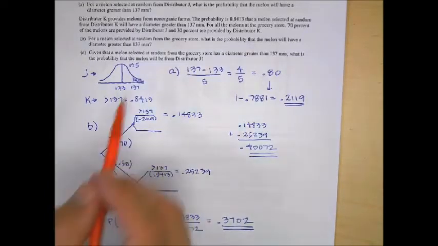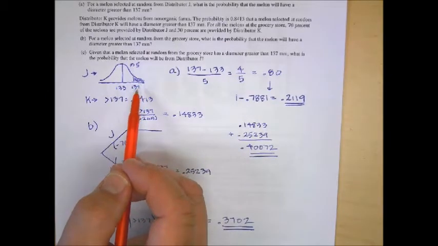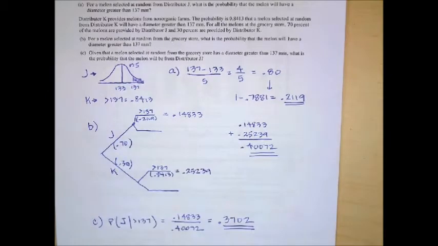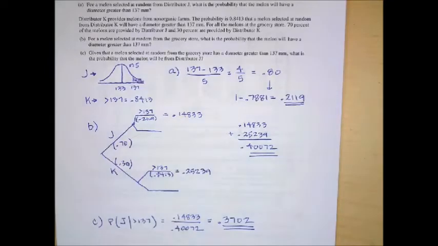So we just mark 137 and shade to the right. Don't mark 138 because then you're missing all those numbers in between. Just mark 137, even though it said more than 137. The more than is simply an indication of shading to the right.